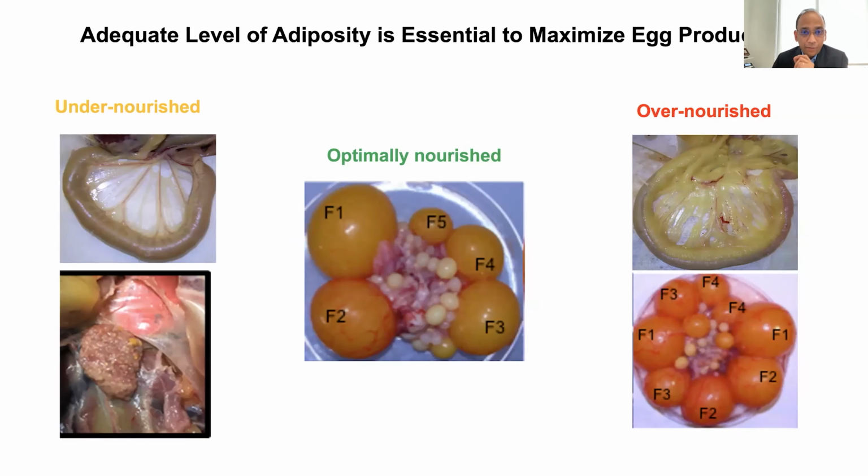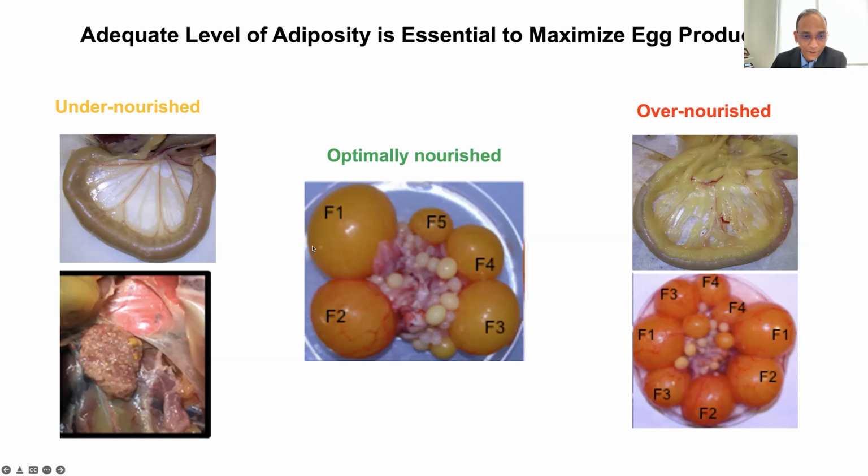The optimal output that we expect from broiler breeder hens is fertile eggs and chicks. If you look at the middle one here, it's similar to a Leghorn hen, where we have such a streamlined selection of follicles in the ovary, with a very nice cohort of pre-ovulatory follicles denoted here as F1, F2, F3, F4, F5, and then a very good reserve of pre-hierarchical follicles at the center.